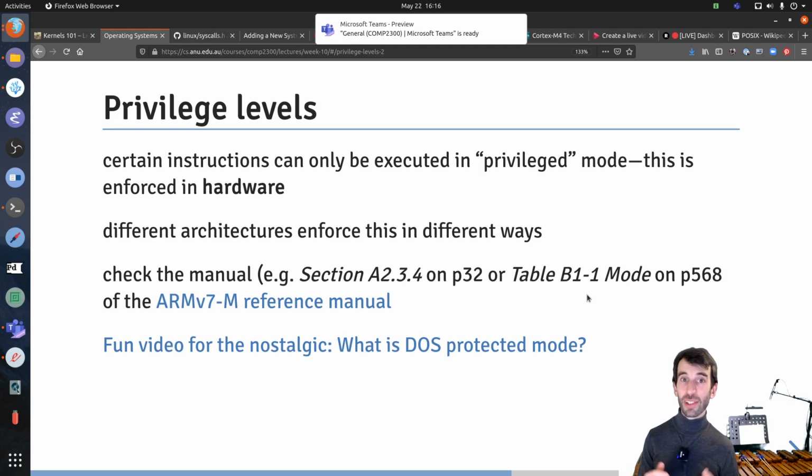Some instructions, for whatever reason, whether they're particular loads from particular places in memory or other special things, can only be executed once we're in a privileged mode. And the hardware has to enforce this. So if you send this instruction in your program, the hardware literally is like, no, I'm not going to do that. Otherwise, your programs could just rewrite the kernel, rewrite themselves, take over the operating system, end of security, end of everything.